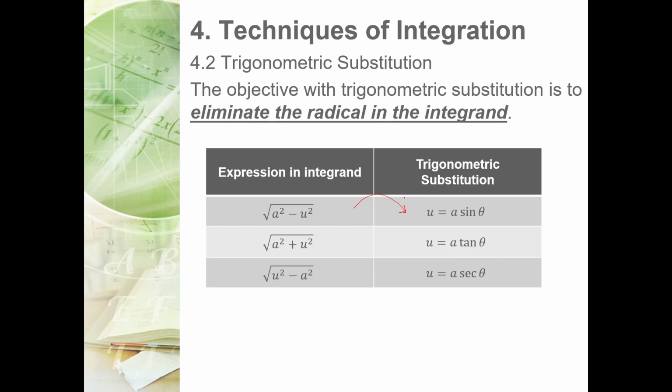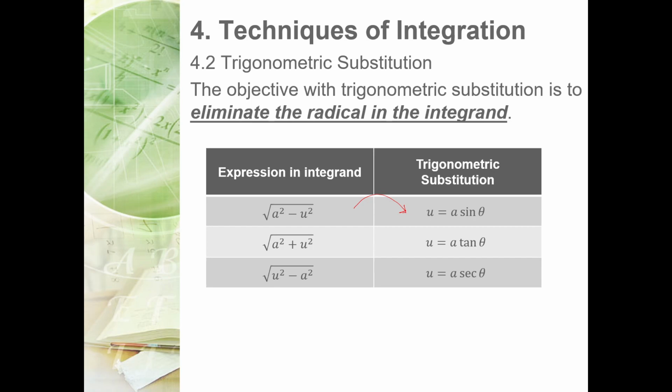Again, the aim of your advanced techniques is usually to eliminate the complicated terms such as the radical expressions. Usually your trigonometric substitution is another way of solving your inverse trigonometric functions.